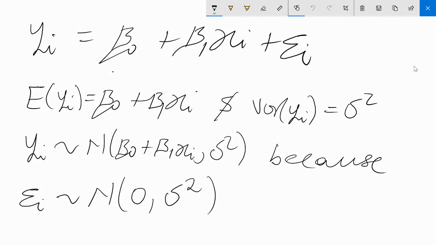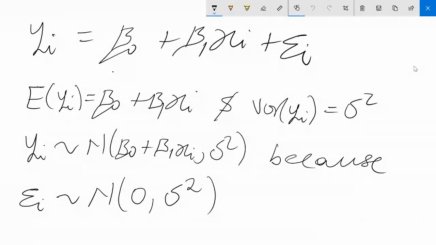So the expected value of the response variable, which is the expected value of y, is equal to the constant term of the model. And the constant term of the model is beta 0 plus beta 1 xi.